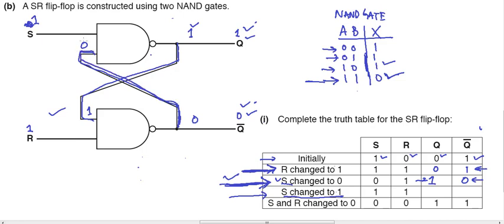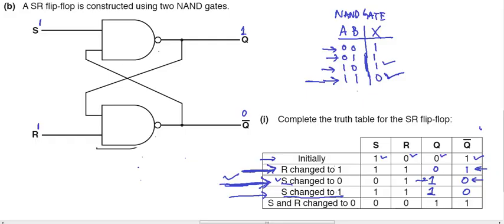When this 0 goes back, we once again have 1 0, and the output is going to be 1. And so the system is stabilized. Even if we feed this 1 back, we're once again going to have a 1 1 here. So the system is stabilized, which means Q stays 1 and Q bar stays 0. So this was what we achieved.